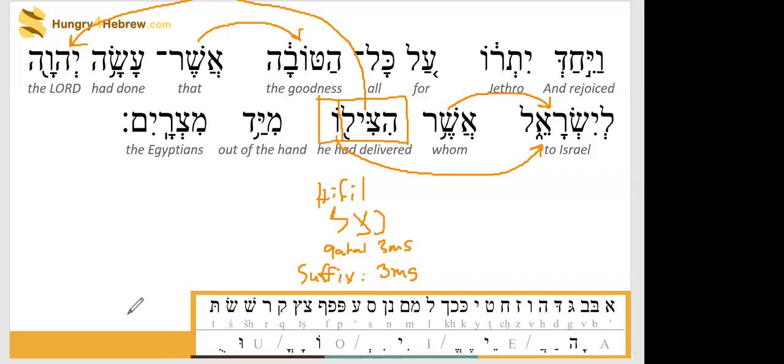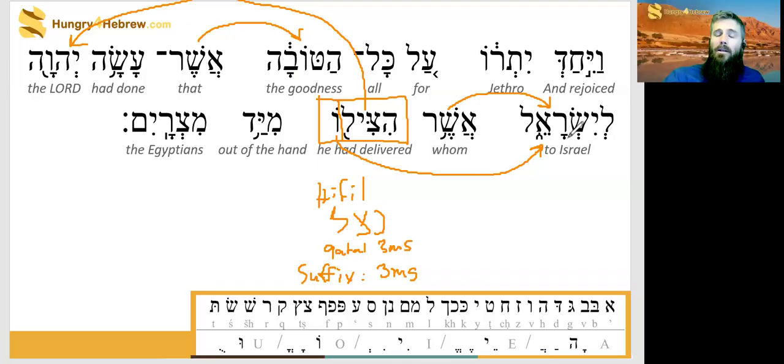Israel is here one man as a group. Correct. So Yisrael, this is a little bit of a tangent, but let's go with it. Yisrael and pretty much any state or nation or city is always going to be feminine.